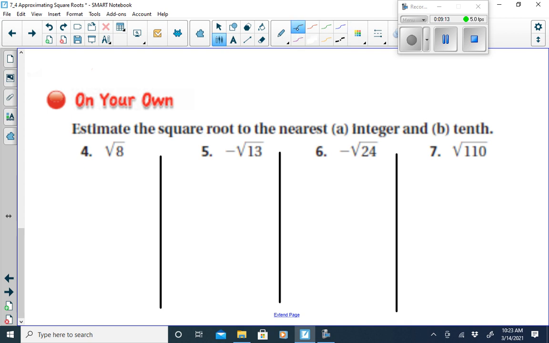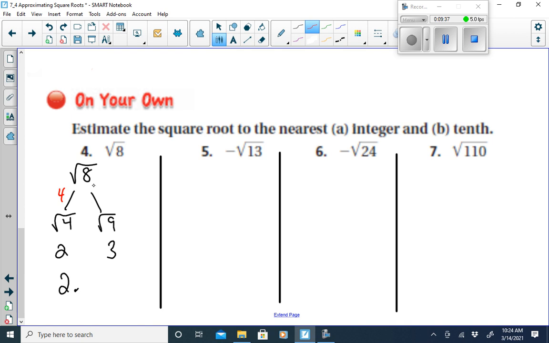Well, we know that the square root of 8 is in between the perfect squares of 4 and 9. The square root of 4 we know is 2. The square root of 9 we know is 3. So the square root of 8 we know is 2 point something. We have to figure out that something. Well, we look at the differences here. The difference between 8 and 4 is 4.